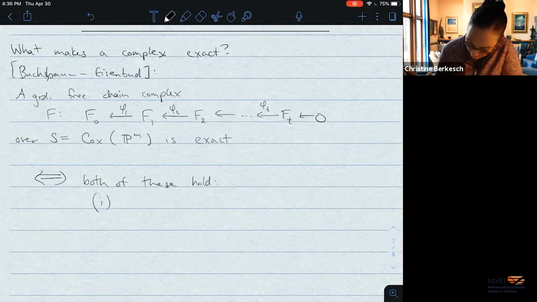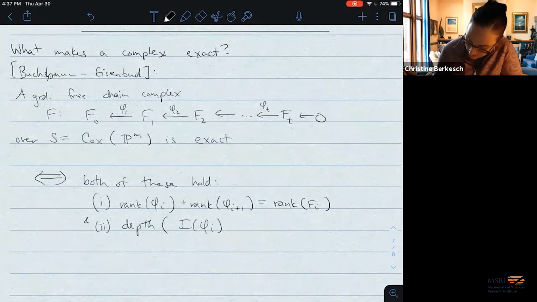So first we have our rank condition, with the ranks of 2 consecutive phi_i adding up to the rank of the intermediate module, and then the depth condition. And here the I of phi_i, these are the rank-size minors. These should be at least i.